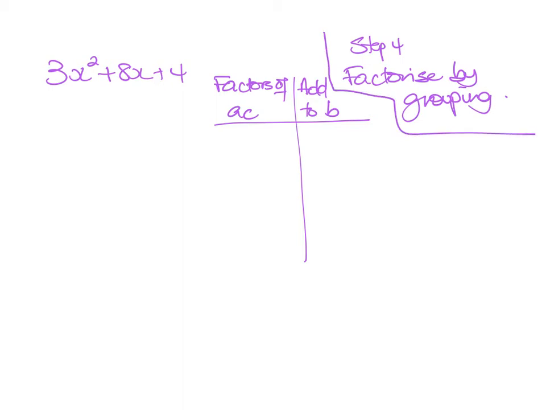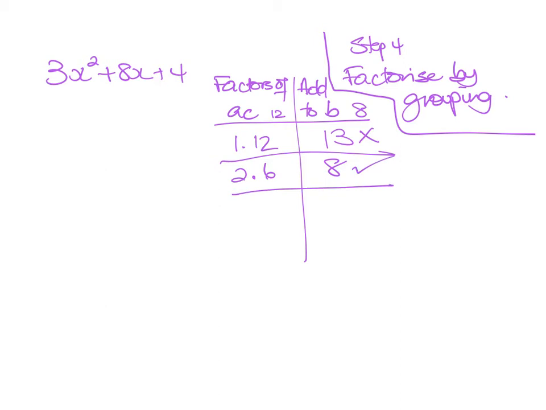So we look for the factors of ac, which in this question is 12, that add to b, which in this question is 8. So we say 1 by 12, when we add that we get 13, so we don't want that. We say 2 by 6, when we add that we get 8. So we want that, so we can stop there.